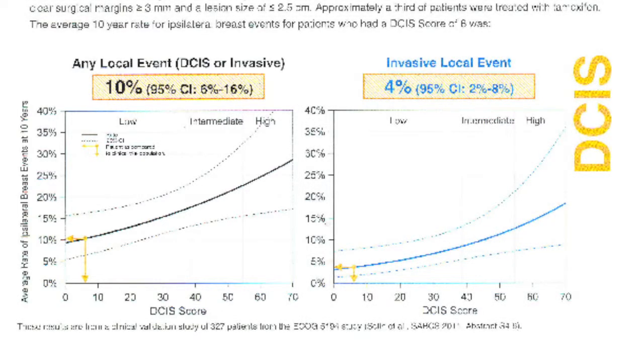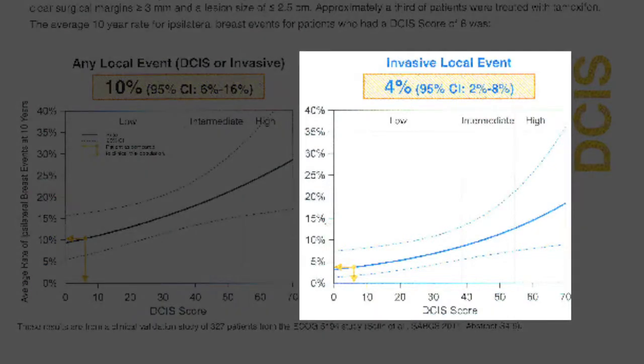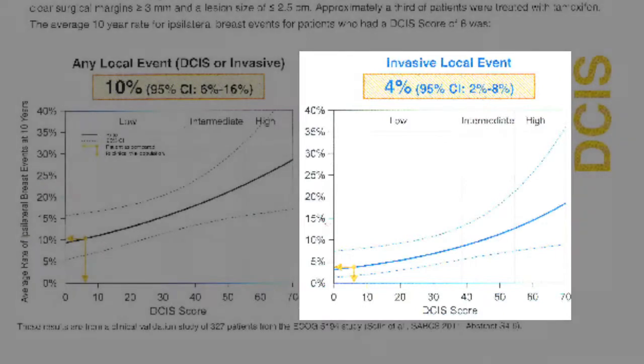Now, on the right-hand side of this report is a calculation for an invasive breast cancer event within the treated breast. And again, this is in patients who have had lumpectomy, and the calculation is then made over the next 10 years. What are the chances of the cancer not only coming back as an in situ cancer, but more potentially aggressively as an invasive cancer?